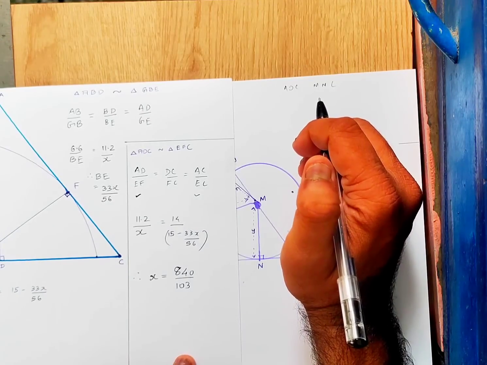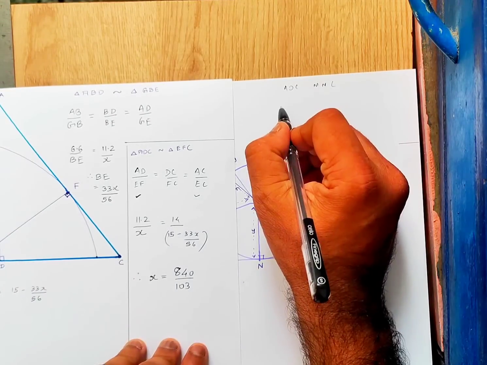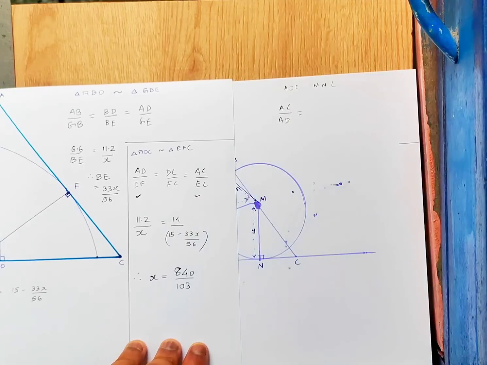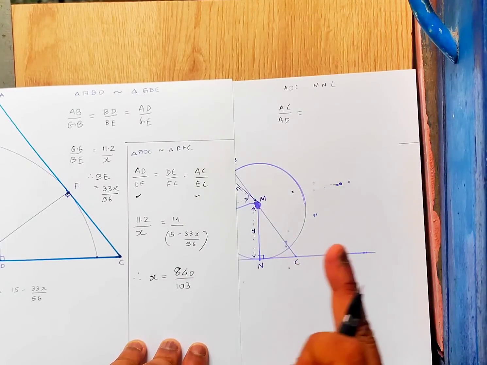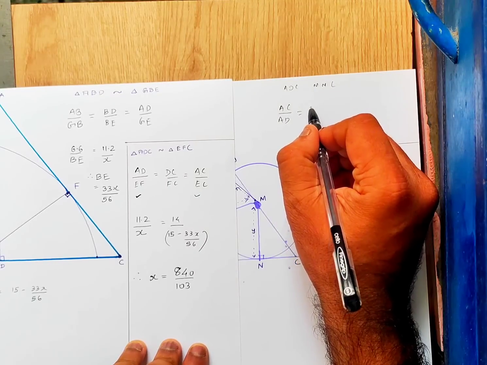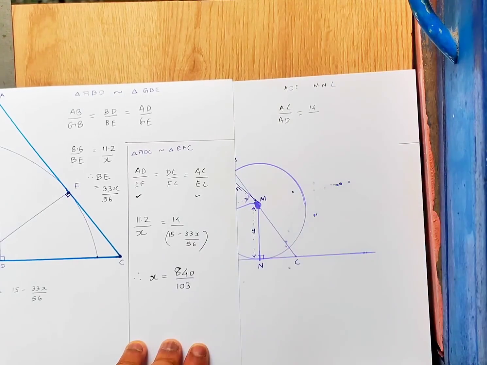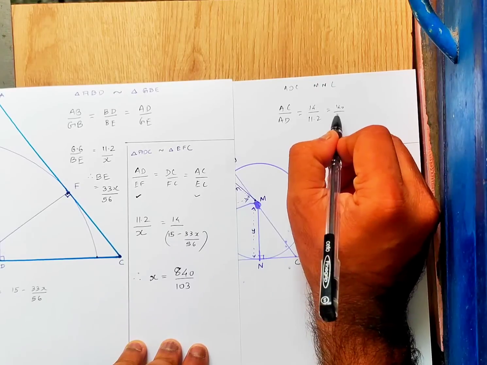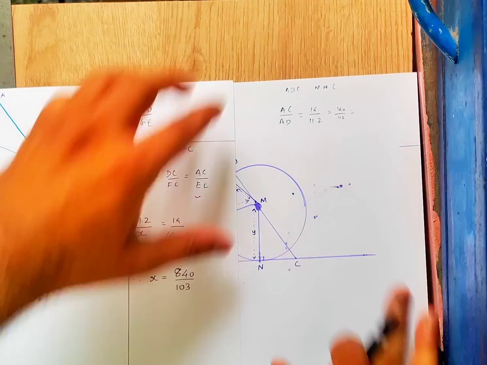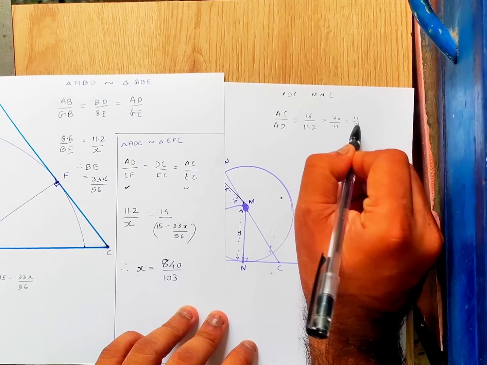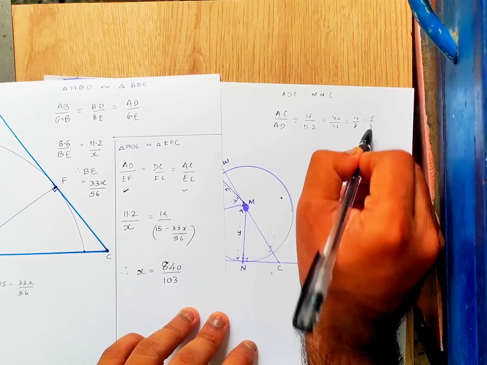If you observe the values, let us check AC by AD. I'm just calculating the ratio of AC by AD because that is the ratio of MC upon MN, right? So AC was how much? It was 14, and AD was how much? It was 11.2. Let us try to solve it. This will be 140 divided by 112, which is 14 into 10 over 14 into 8, so 5 by 4.